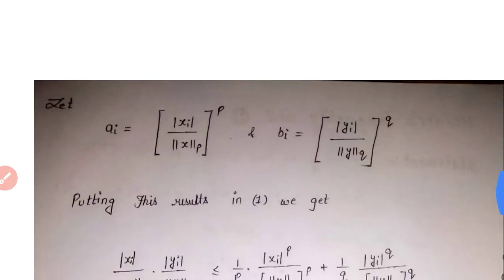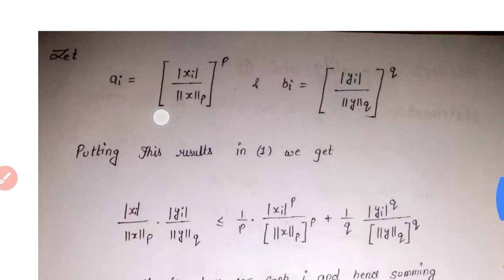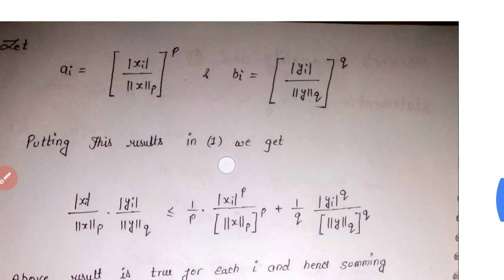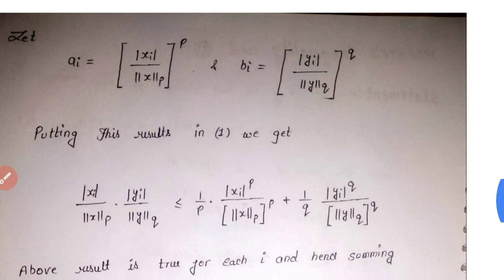So in the next step, we consider this lemma, and one more thing we have to assume is that ai and bi must be taken in this form in order to prove this theorem. So we simply take ai equal to modulus of xi upon the p-norm of x, whole to the power p, and bi equal to modulus of yi upon the q-norm of y, whole to the power q.